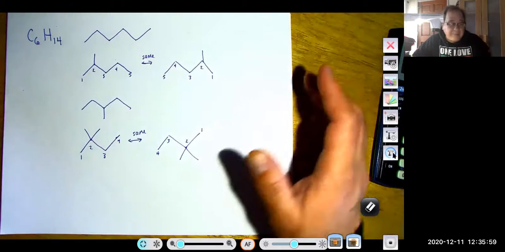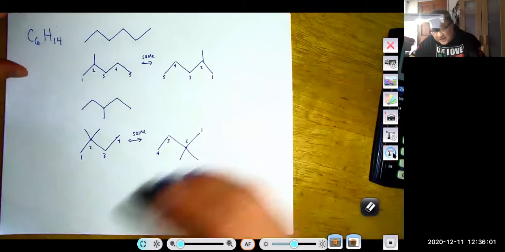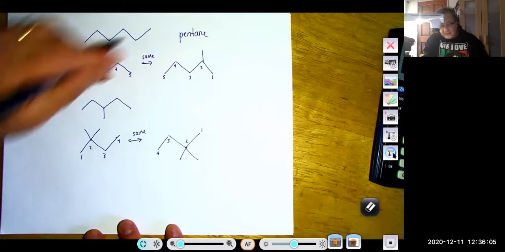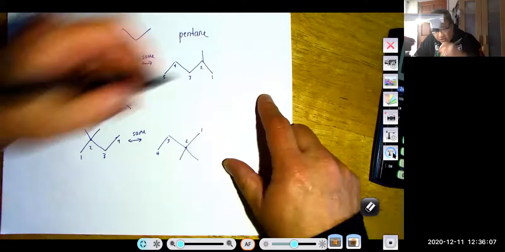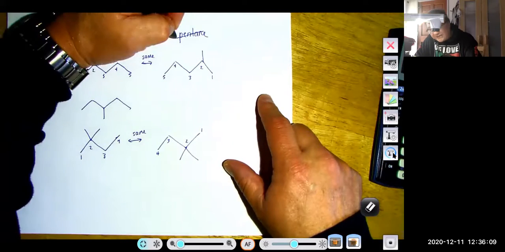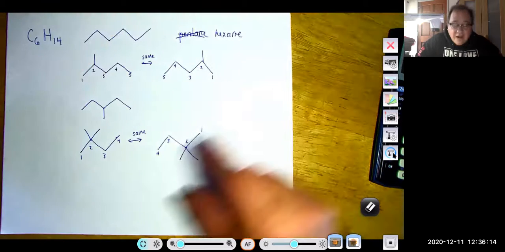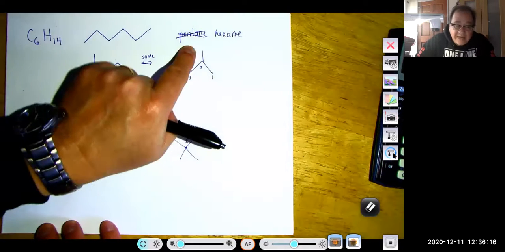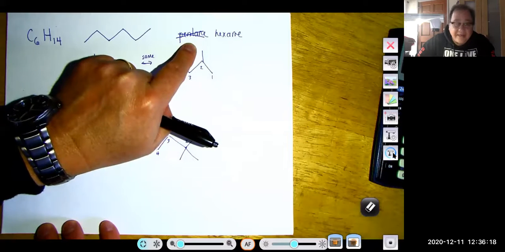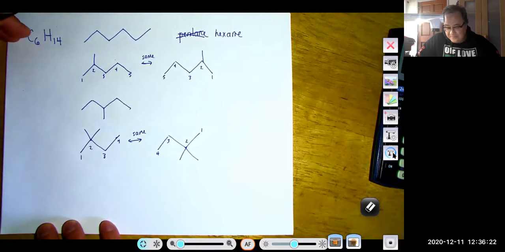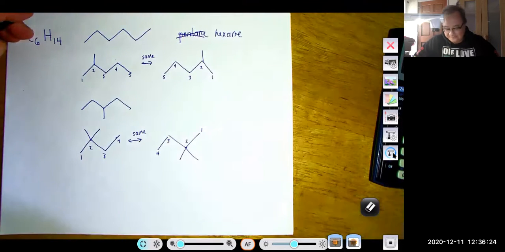Let's go about naming these. This guy is called pentane. Both of these guys are called, or excuse me, hexane. So hopefully your eyes were rolling when I wrote pentane here and you were thinking, oh no, he did it again. But I corrected myself.